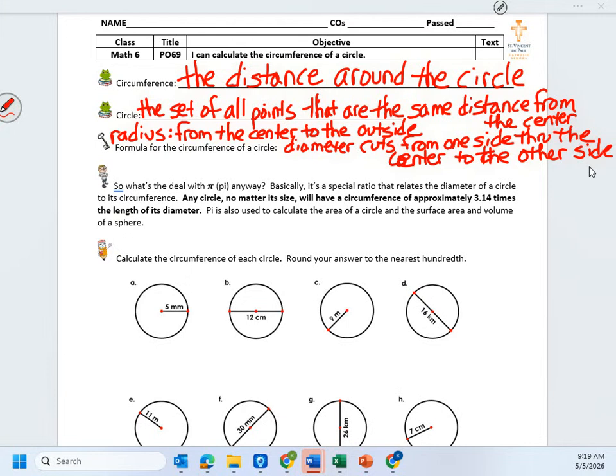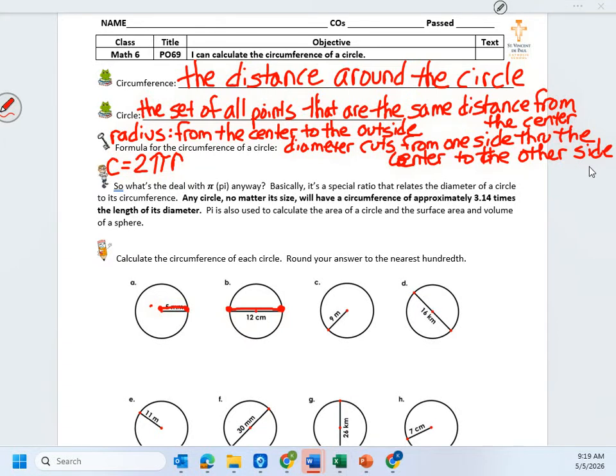There are two different formulas we can use because sometimes our circle will give us the radius, sometimes it gives us the diameter. So if our circle gives us the radius, we say the circumference is 2 times pi times that radius.